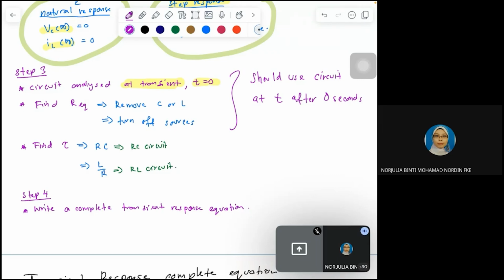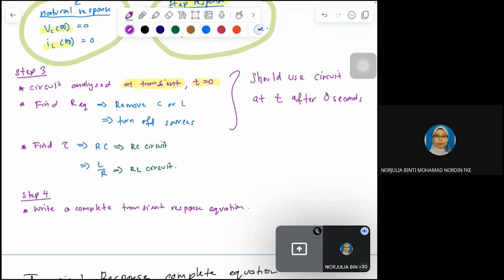For a current source, when we turn it off, it becomes an open circuit. So to find the R equivalent, we turn off the sources first if we have any, and we remove for a while your capacitor or inductor, and then find the R equivalent from that capacitor or inductor point of view.